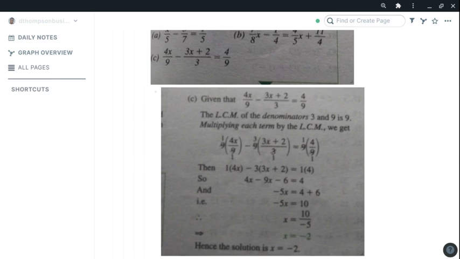Let me zoom in a bit more. It says given that 4x divided by 9 minus 3x plus 2 divided by 3 is equal to 4 divided by 9. Do you see that on your screen?